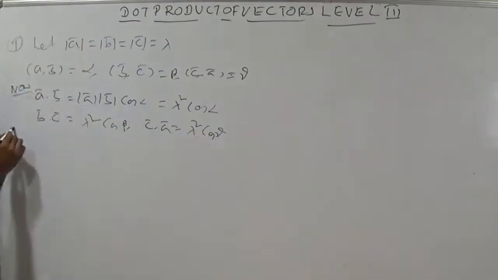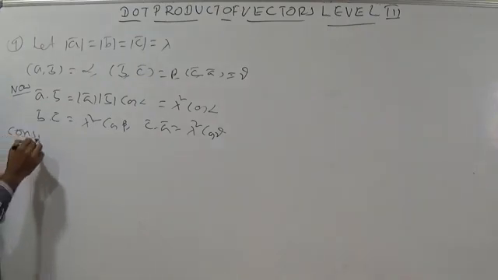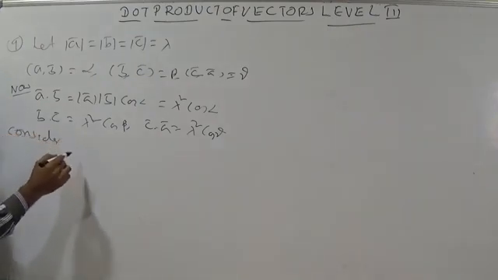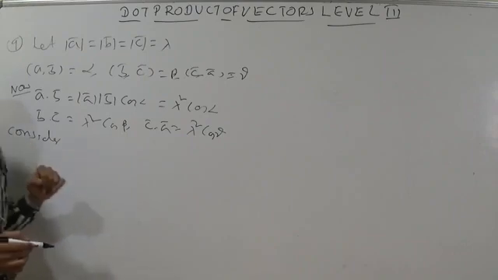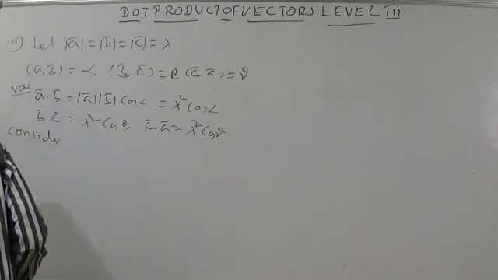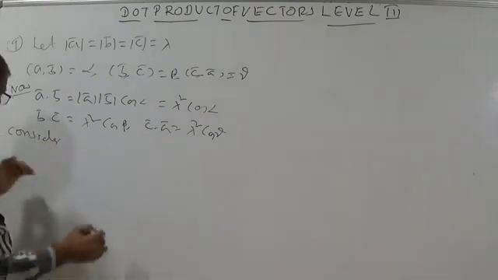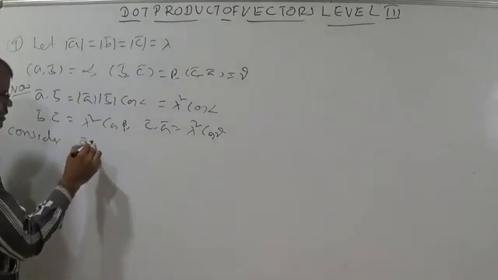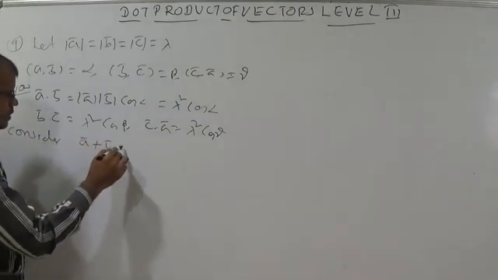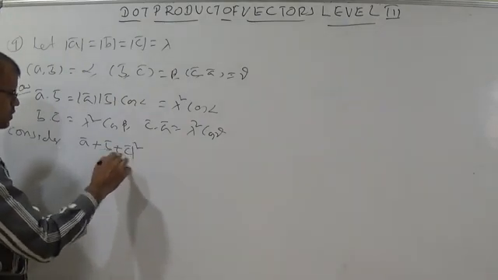Now let us consider, because you should find out cos alpha plus cos beta plus cos gamma. So consider A bar plus B bar plus C bar whole square.